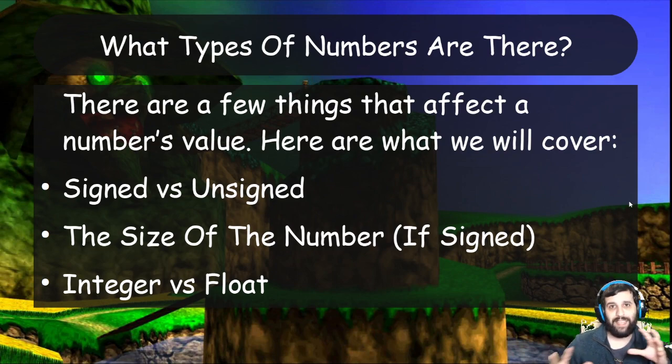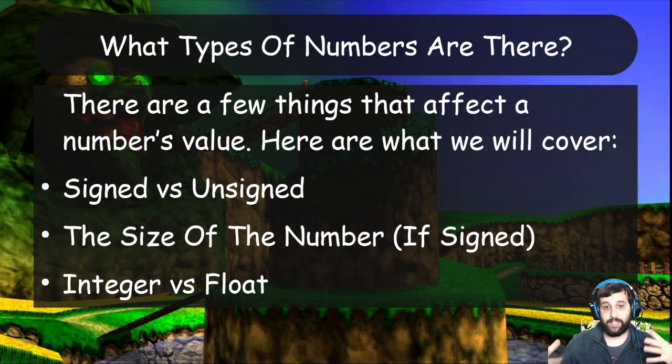Now that we've talked about the sizes of numbers, what kinds of numbers are there? There are signed numbers and unsigned numbers. Basically, you can think of the absolute value, or you can think of positive and negative for now. Not exactly, but for now, you can kind of think about it that way. The next one is the size of the number, which is what we just went over.